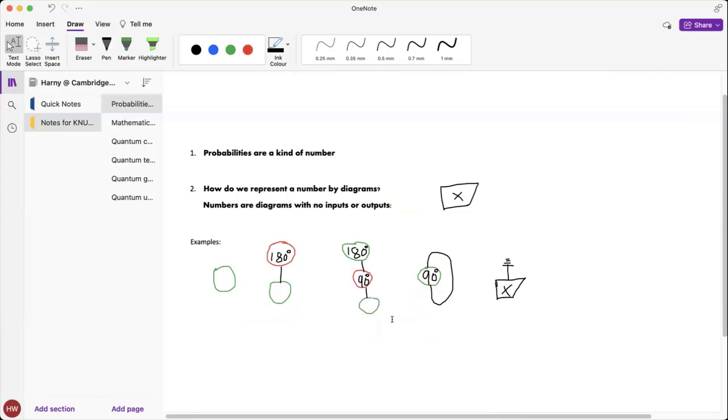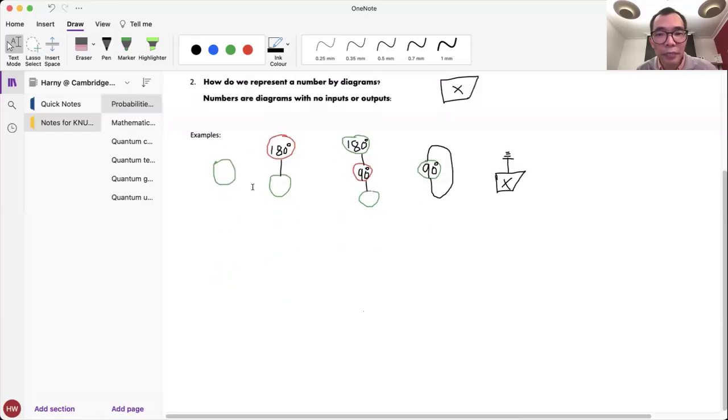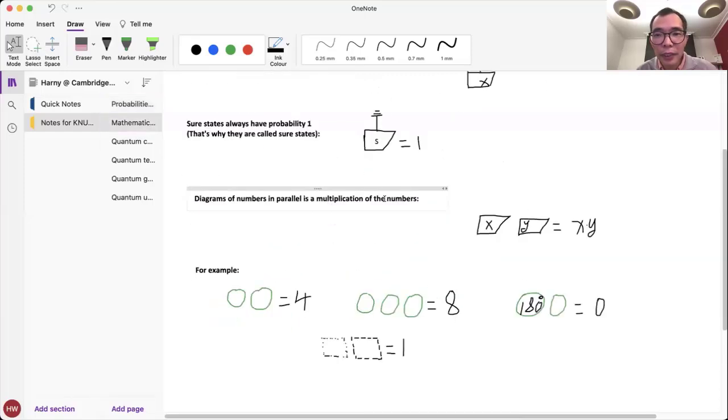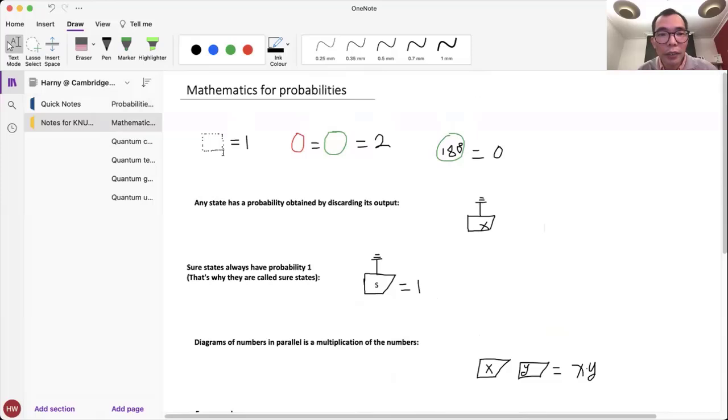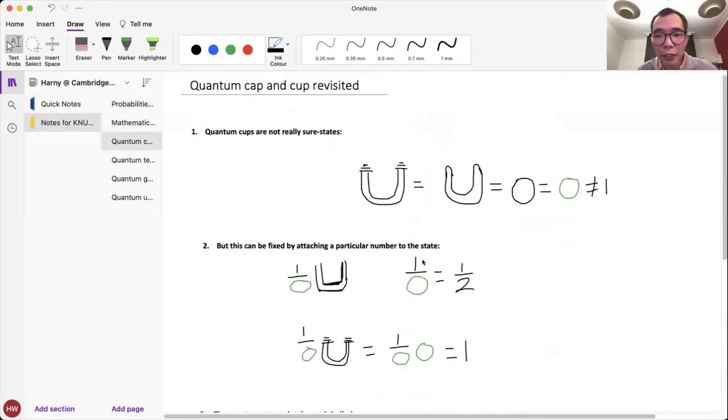So you introduce 2 to the numbers, and what happens to the 1 over green circle up there? You mean 1 over green circle, right?